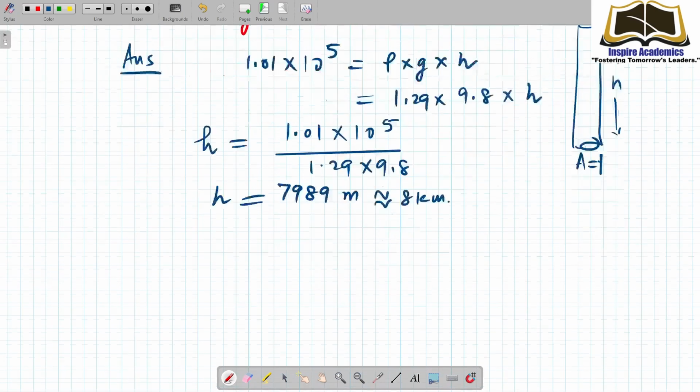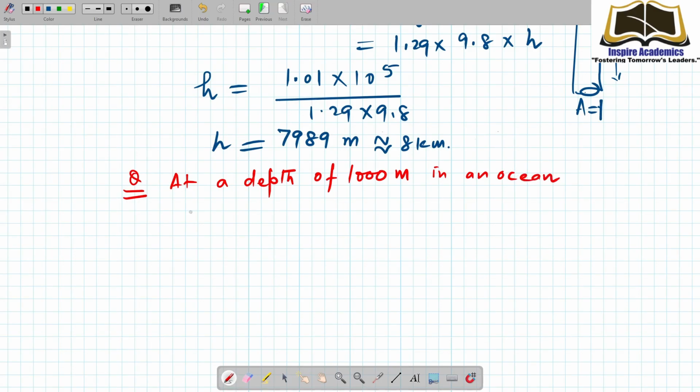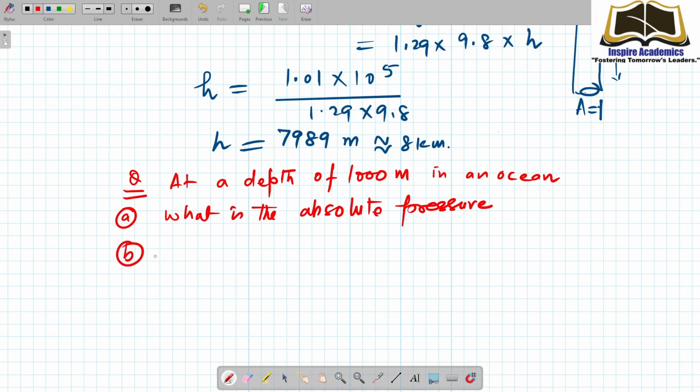One question you people solve. At a depth of 1000 meter in an ocean, A, what is the absolute pressure? B, what is the gauge pressure?